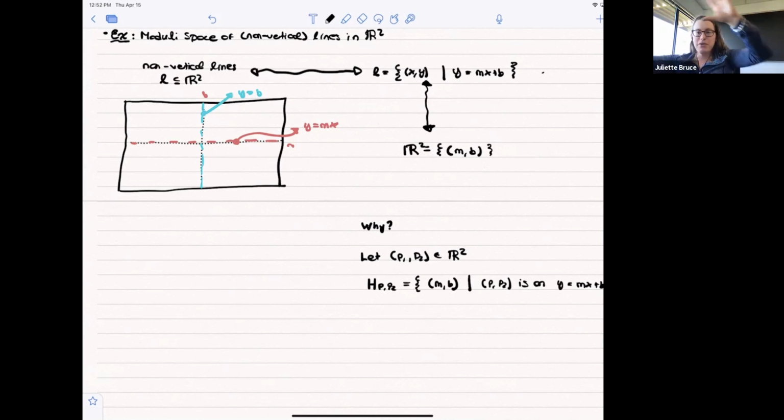But instead of thinking about this as lines in the plane where the point P1, P2 lives, I want to think about what it looks like as a subset of our auxiliary moduli space R2, where my coordinates are m and b. So if I gave you a point P1 and P2, how can you find the set of all m and b such that P1, P2 lie on that line?